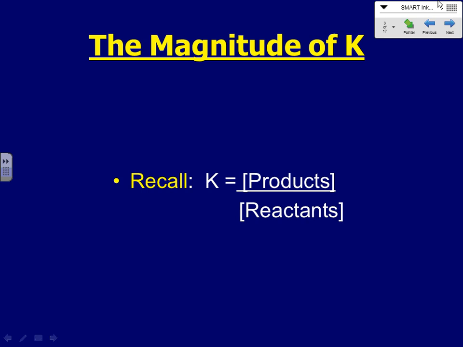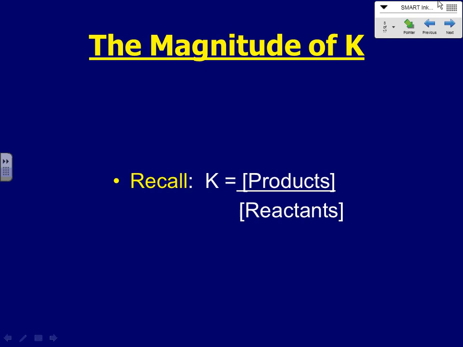Okay, no calculations yet. All we're talking about now is what does the value of K mean? I've already written this down once, but it's good to write it down again. When you're thinking of the value of the equilibrium constant, and you're not thinking of it in terms of an actual expression, this is a very quick and convenient way to think about it. It's simply the concentration of products over the concentration of reactants.